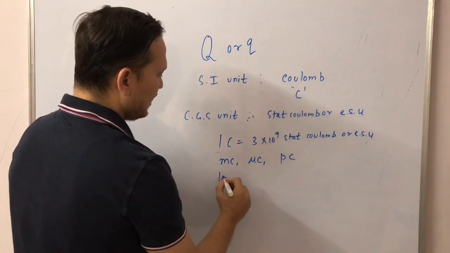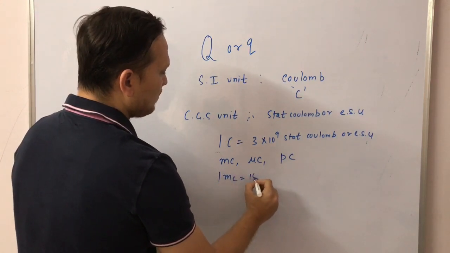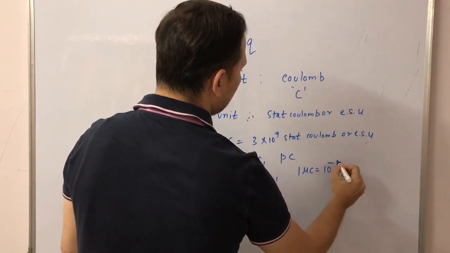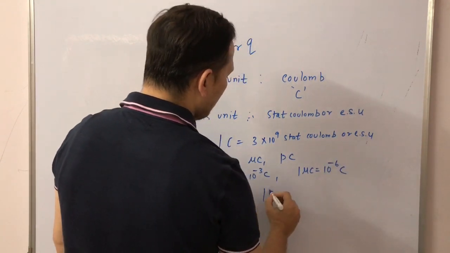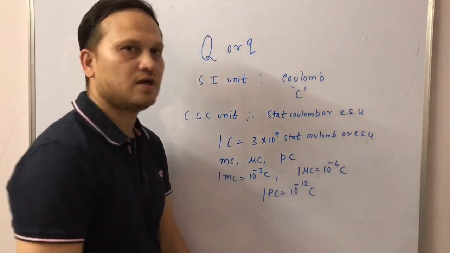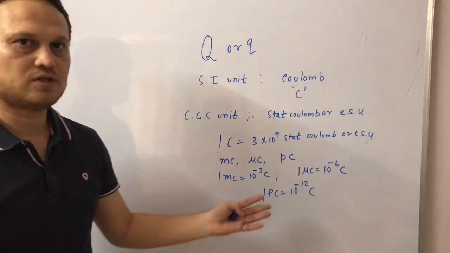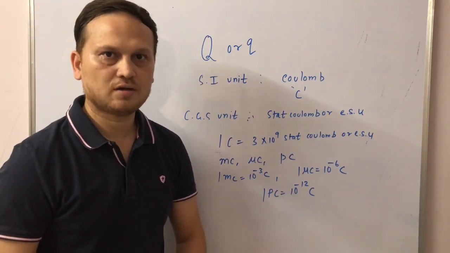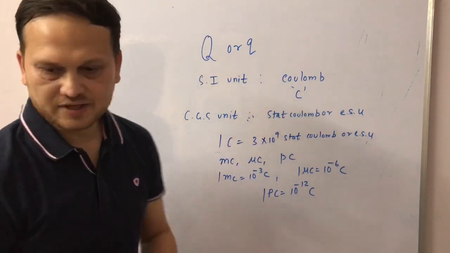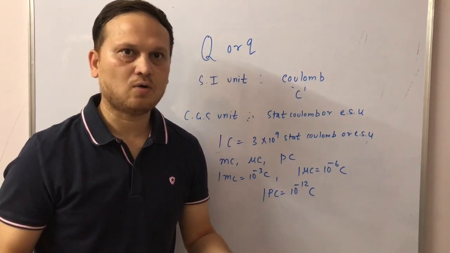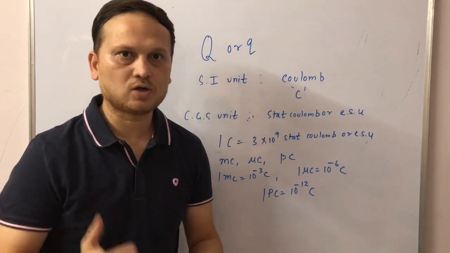Now we all know that the millicoulomb is 10 to the power minus 3 coulomb, the microcoulomb is 10 to the power minus 6 coulomb, and the picocoulomb is 10 to the power minus 12 coulomb. Because the unit is big, we use milli, micro or pico as a unit.